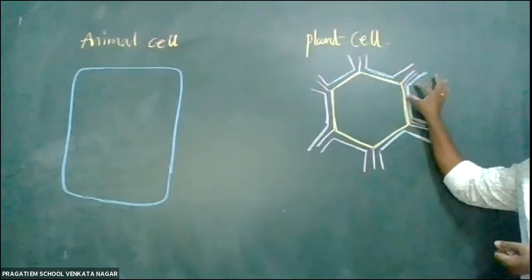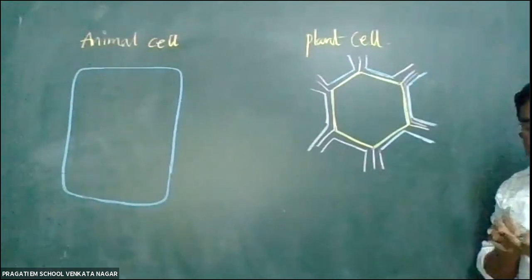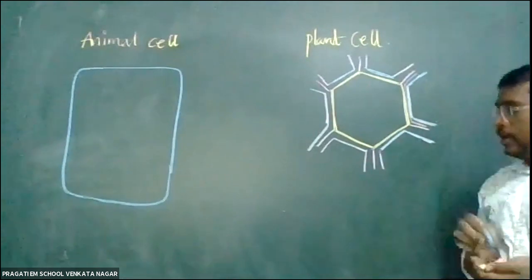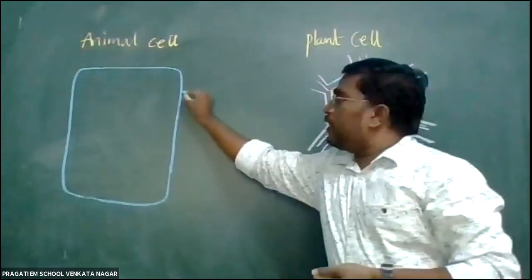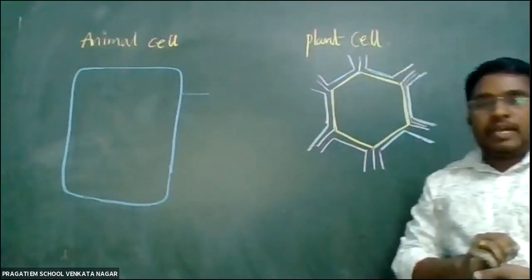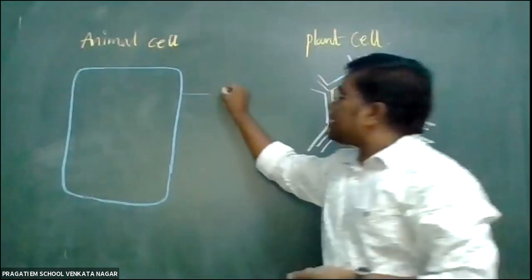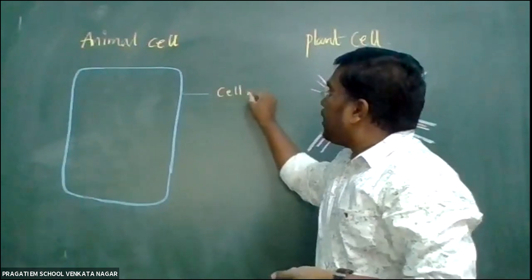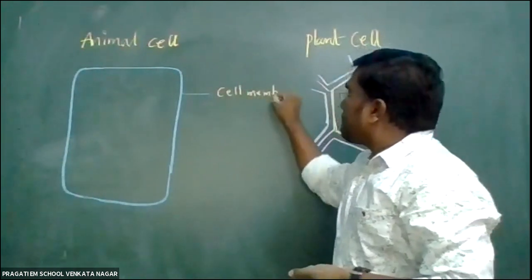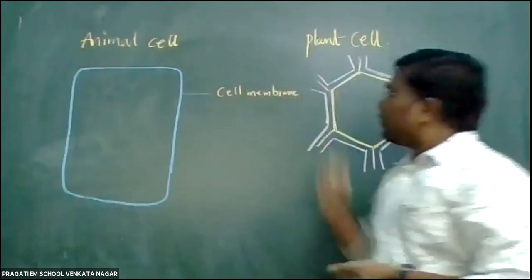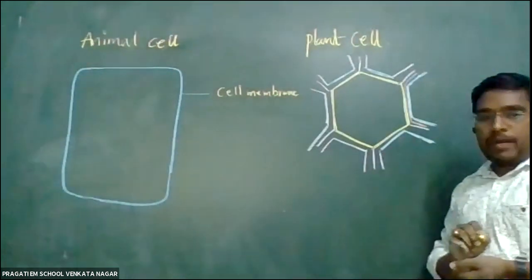The outer membrane of the animal cell is nothing but the cell membrane.